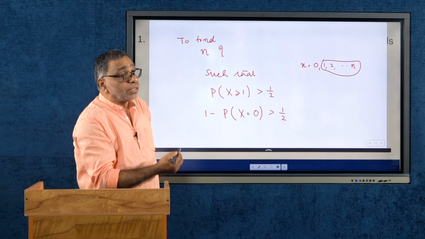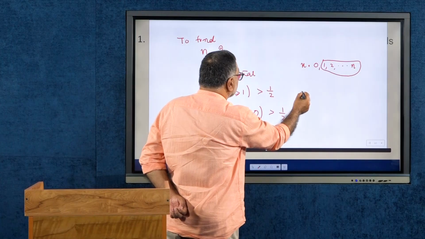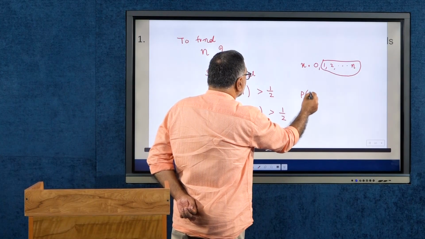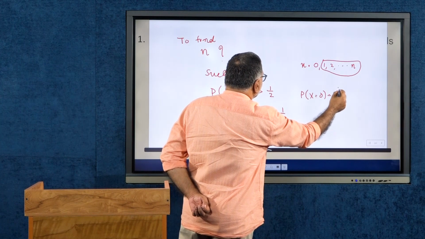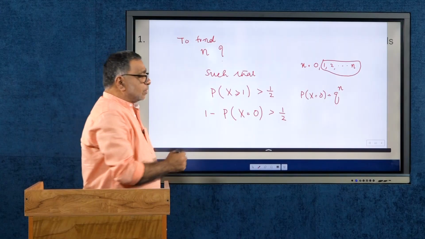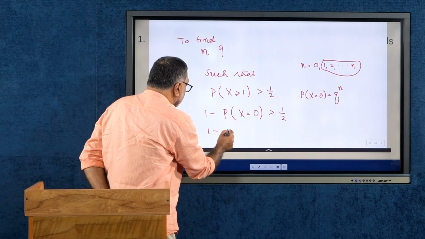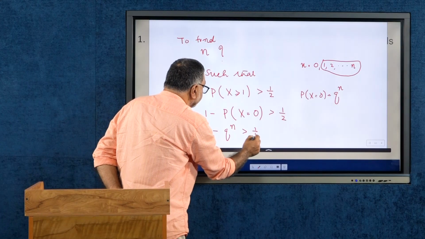And the probability of x is equal to 0, by the binomial probability mass function, is equal to q power n. So, this is 1 minus q power n is greater than 1 by 2.